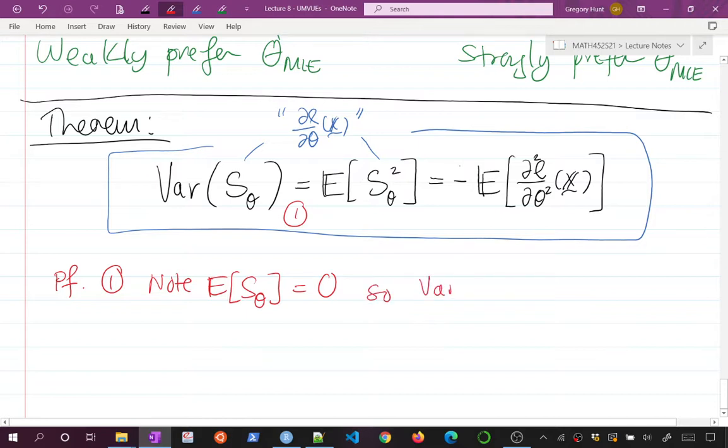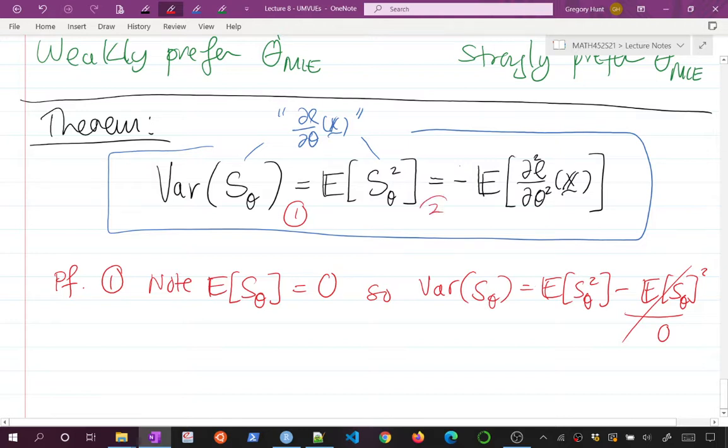So, of course, we have our shortcut formula: the variance of the score is the expected value of the second moment minus the expected value squared, that's 0. And so we just get that the variance is the expected value of the square.